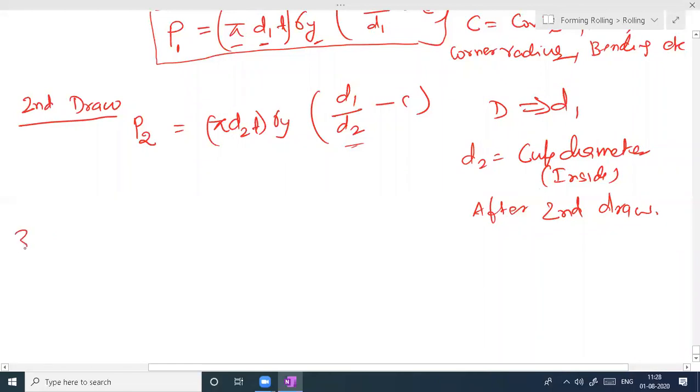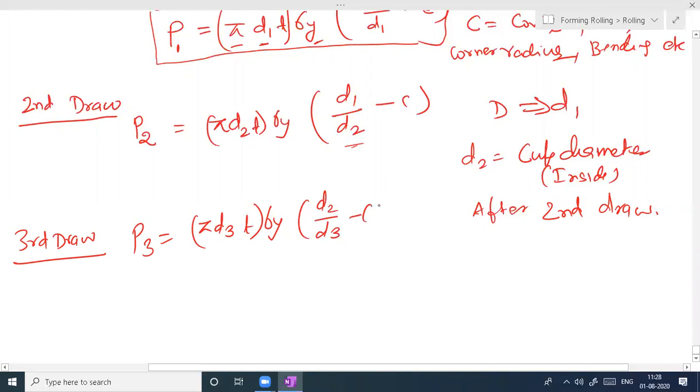Similarly, if third draw is required, then you have to calculate load P3 is equal to pi d3 t sigma y, and it will be d2 by d3 minus C. That is for third draw. And what is d3? d3 is your diameter of the cup after third draw.